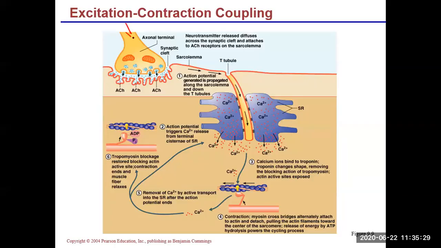You have the axon that is bringing the electrical impulses or action potential. In the synaptic cleft, acetylcholine is released, binding to the acetylcholine receptor. These are ligand or chemical gated channels.